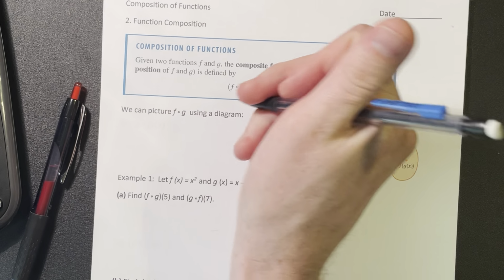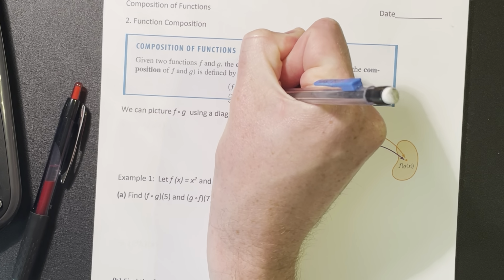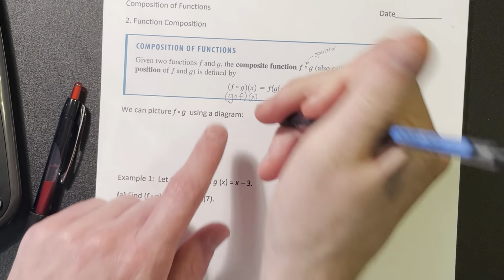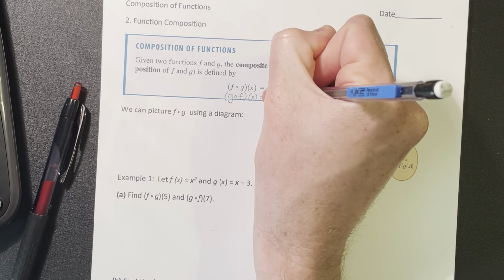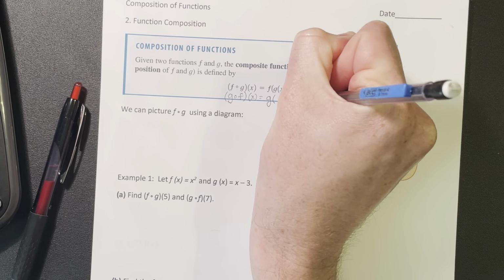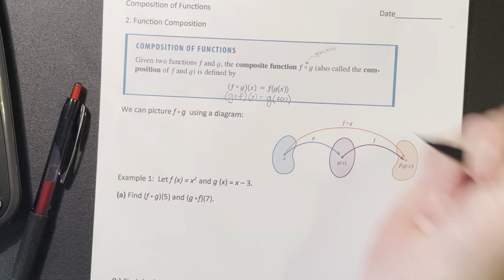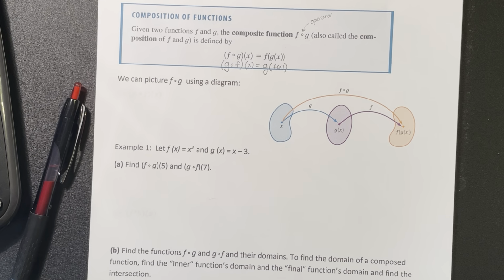And so if I saw g of f, so g open circle f of x, what that means is that f is now going to go inside of g. So I would start with the g function, and inside of it, we're going to put in the f function, so g of f of x. And they don't have to be f's and g's, but those are the common function names that we often use.